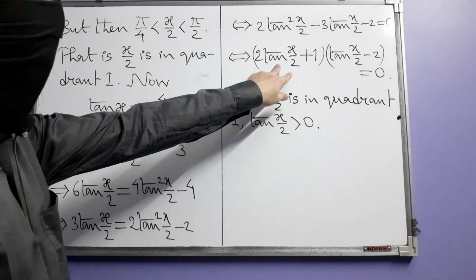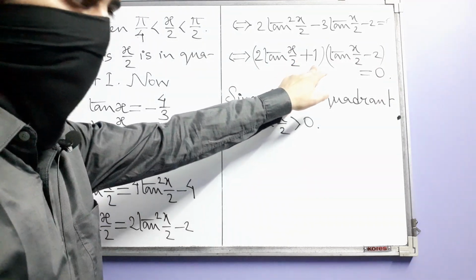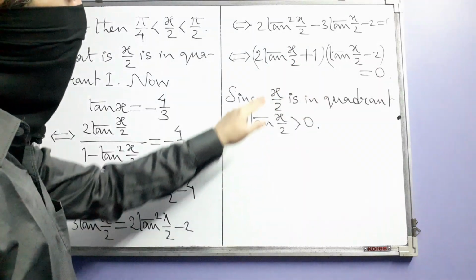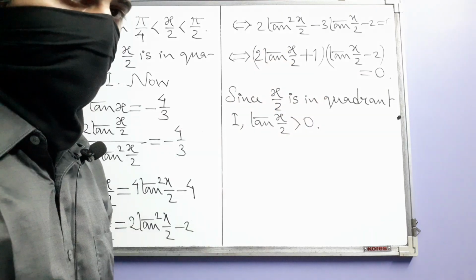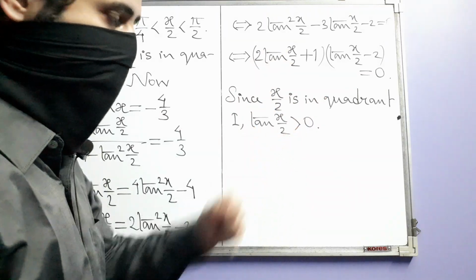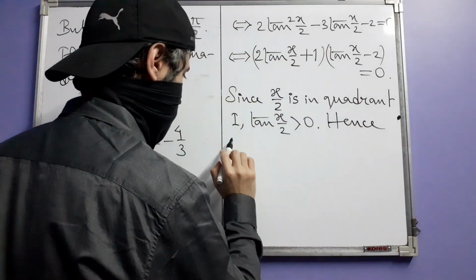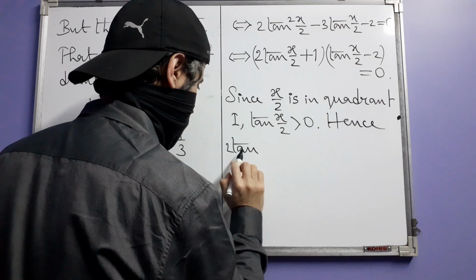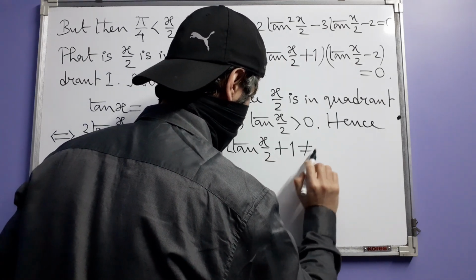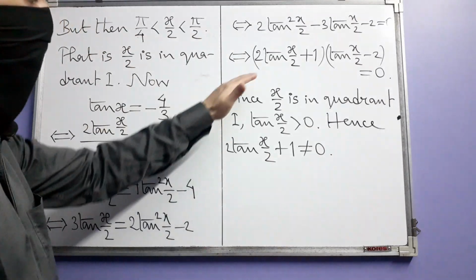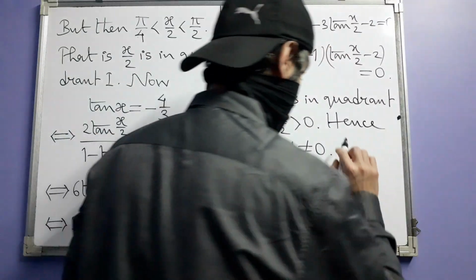So if this is positive, is it possible for 2 times this plus 1 to be 0? No. This can only be 0 when tan x over 2 is minus 1 divided by 2, which is not possible because this is positive. Hence, this is not equal to 0. So we can cancel it from both sides of this equation.